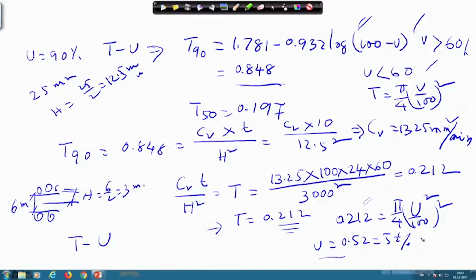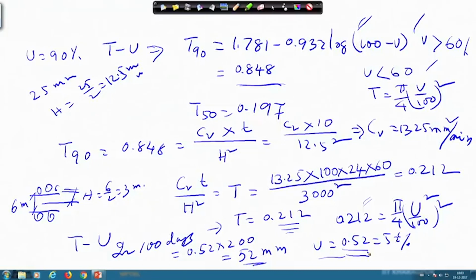52%. If it is 52% and the total is 200 millimeter, how much settlement will take place in 100 days? It will be 0.52 into 200, which is equal to 52 millimeter. So, in 100 days only 52 millimeter of consolidation is expected, because the time factor T we got is 0.21, and from there the degree of consolidation is 52%.